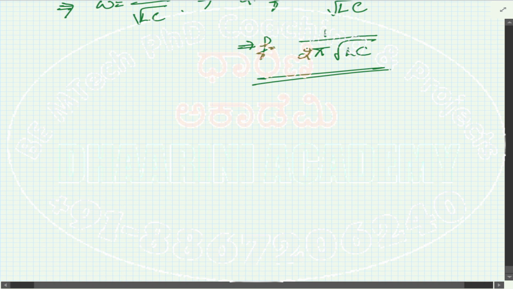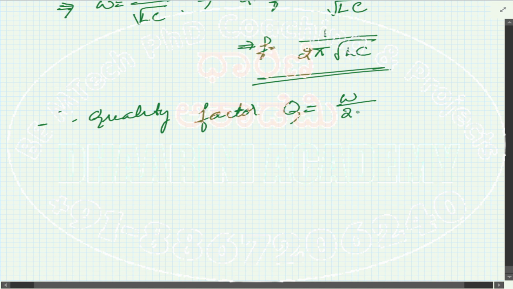But now we also need to calculate what is called the quality factor. Q is equal to omega by 2b. B is equal to R by L here, and omega is 1 by root LC.